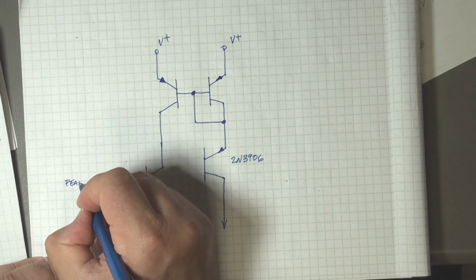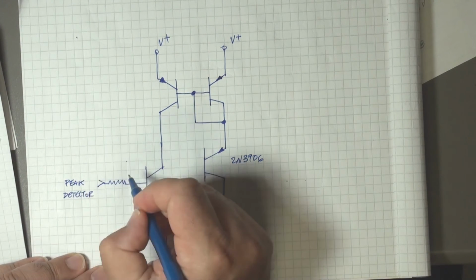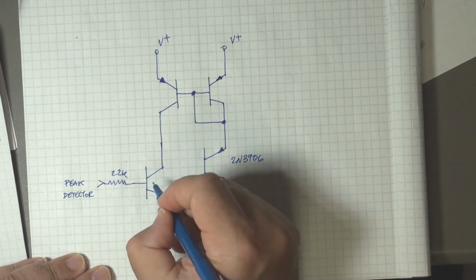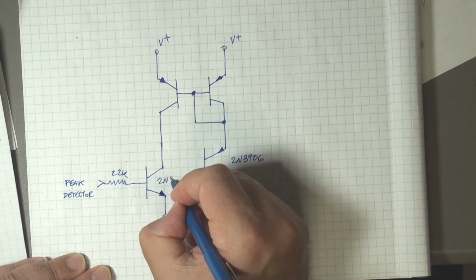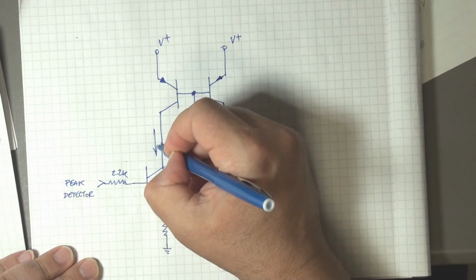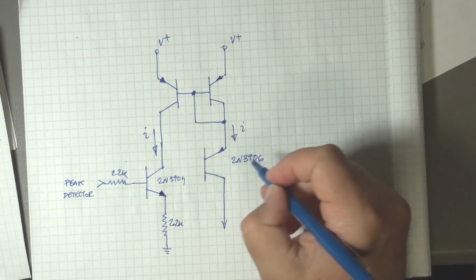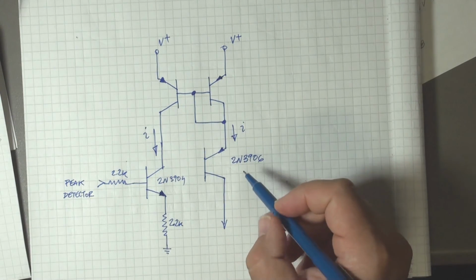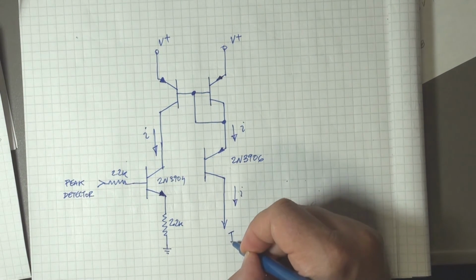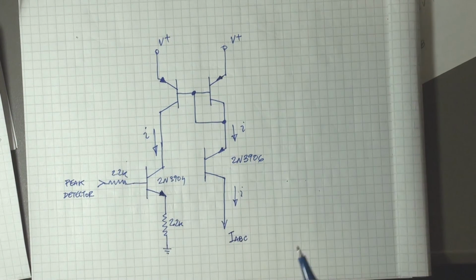Let's say peak detector. So these two currents will be copies of each other, but in this branch here, it is controlled entirely by what goes on in here.